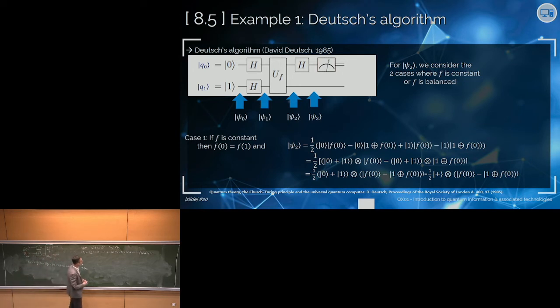But now what we can see is I've got f0 and f0 that I can factorize, and I've got 1 plus f0 and 1 plus f0 that I can also factorize.